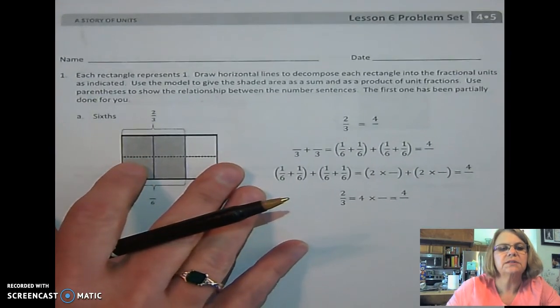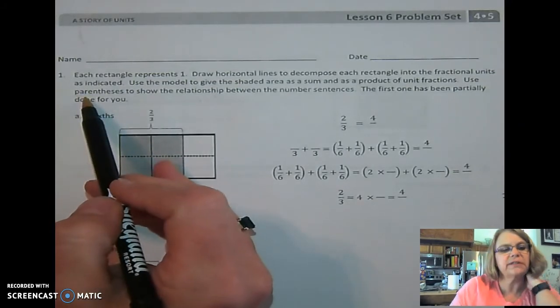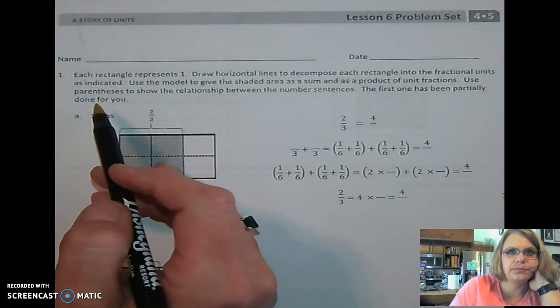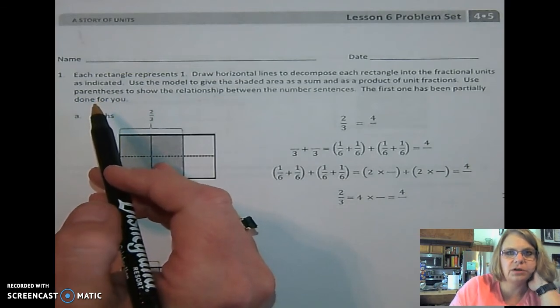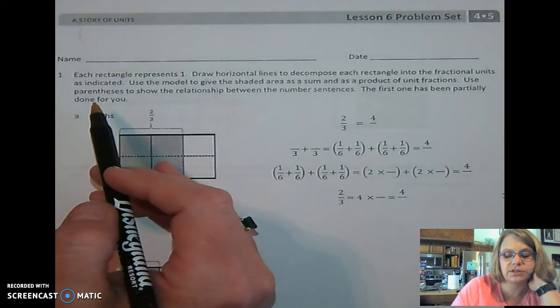Okay, that's as best I can do right now. So I'm going to read the directions because that's what I always do when I get a problem set or any worksheet or problems that I have to complete. I need to read the directions first.